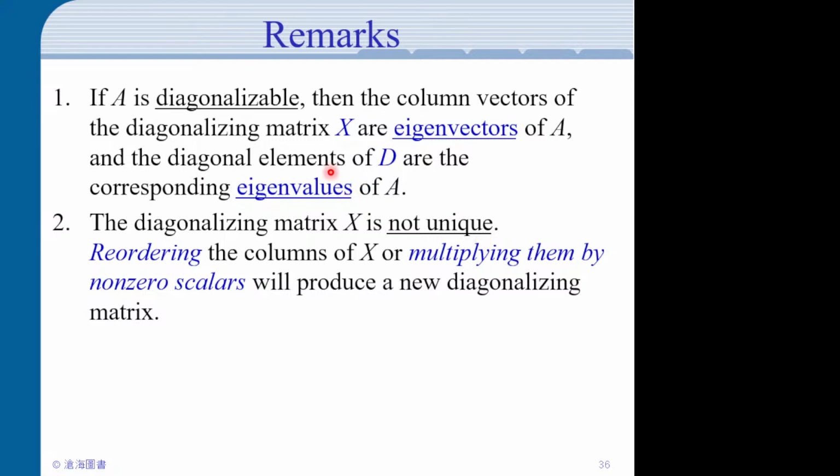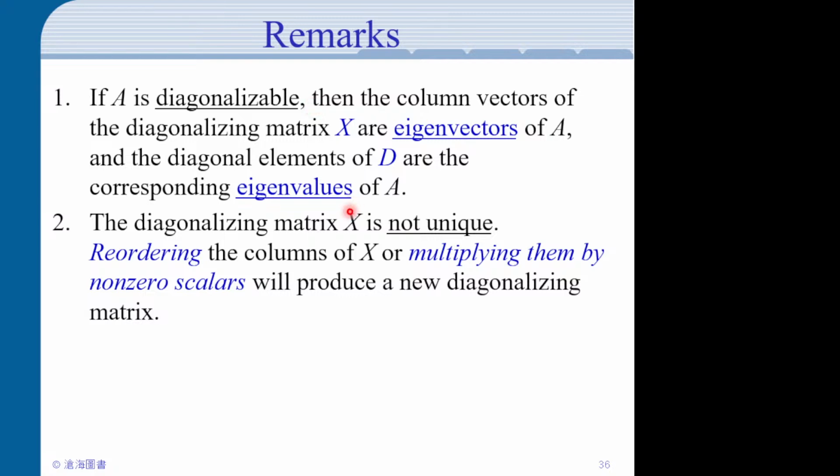And you need to have all the eigenvectors corresponding to all the eigenvalues of A. The diagonal matrix, as we say, has the eigenvalues on the diagonal. You need to have n different eigenvectors for you to be diagonalizable.